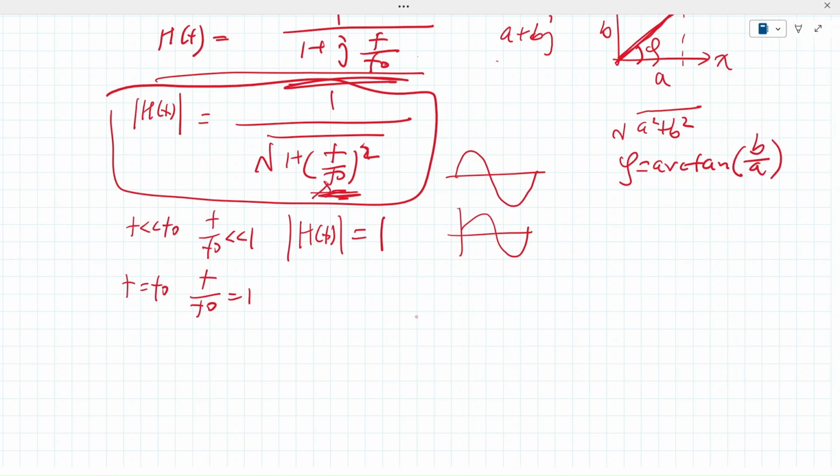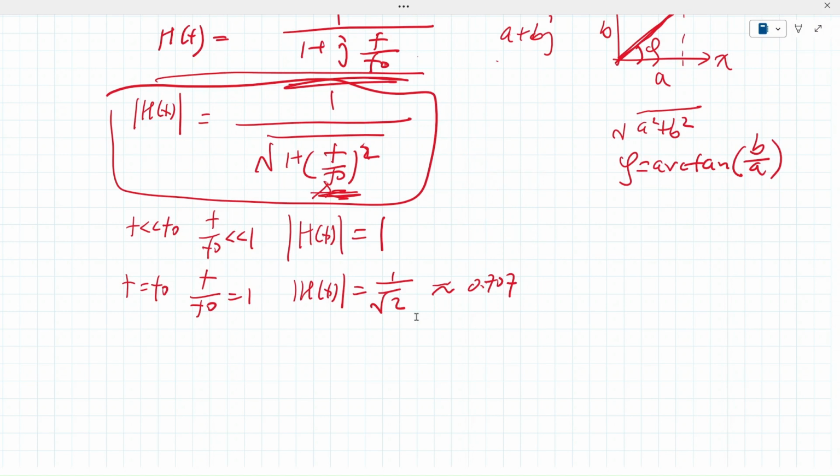When f equals f naught, f over f naught equals 1, and we plug this 1 in here, and the transfer function will equal 1 over square root 2, which is approximately 0.707. What this really means is that when the frequency is at the cutoff frequency, the signal amplitude will be attenuated to about 70% of the original signal.